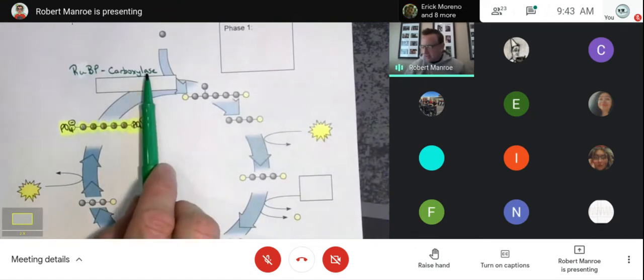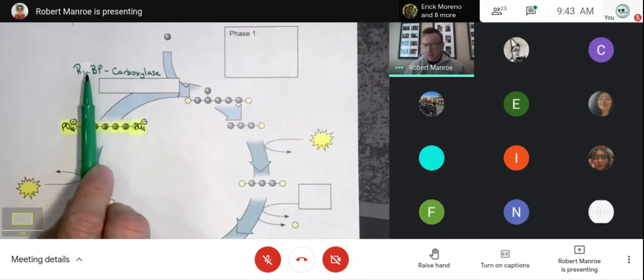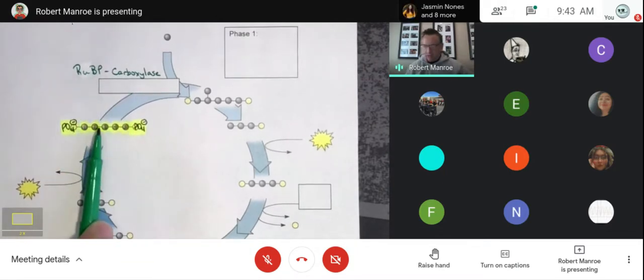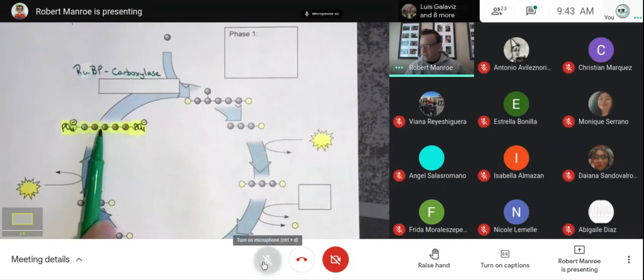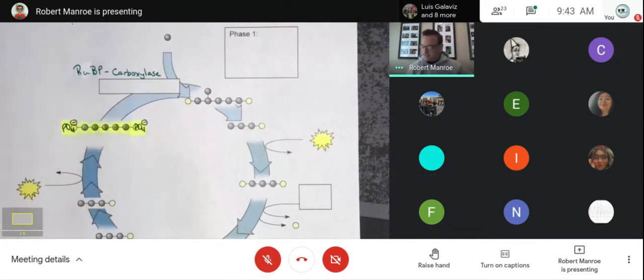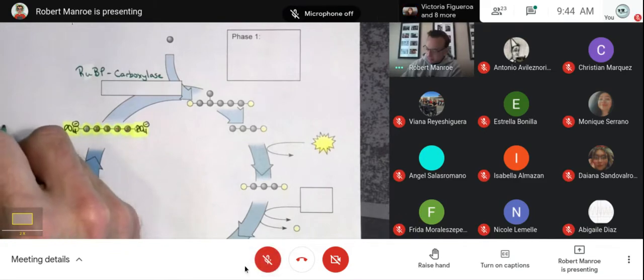Well, this is an enzyme that adds carbon dioxide to RuBP. So this 5-carbon molecule right here, what do you think the name of that molecule is? Considering the enzyme that works on it is RuBP carboxylase. What do you think this is called? Yep.